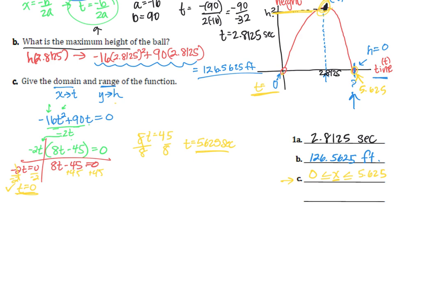So that's what we're going to put here. That our lowest point was 0, and we're going to say it's less than or equal to y, or if we used h, that would be fine too, which is less than or equal to 126.5625, which was our highest point.